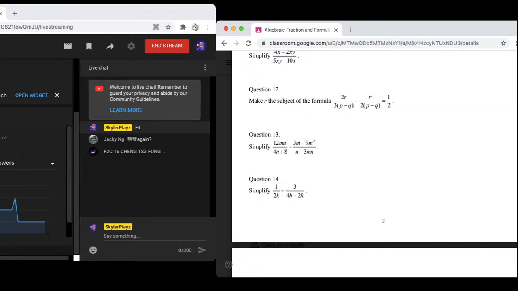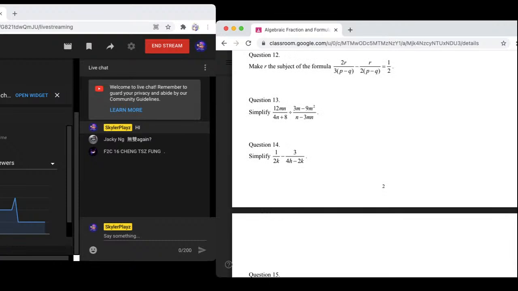The 34th question. 1 divided by 2k minus 3, over 4h minus 2k. Okay, so 2, and then 2h minus k, and then 3k. So just 2h minus k, and then 2k, 2h minus k.